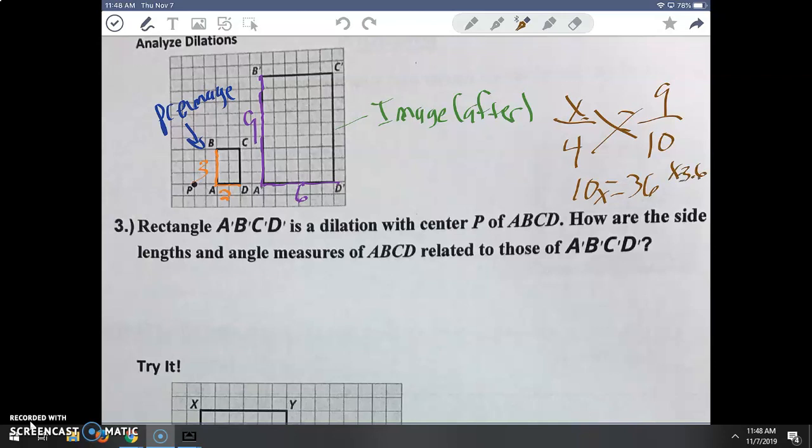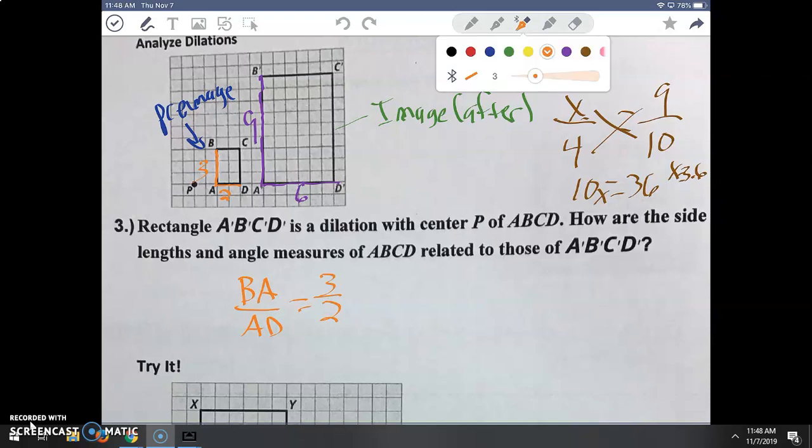To figure out what that scale factor is, let's take our BA over our AD, and you'll notice that is 3 over 2.